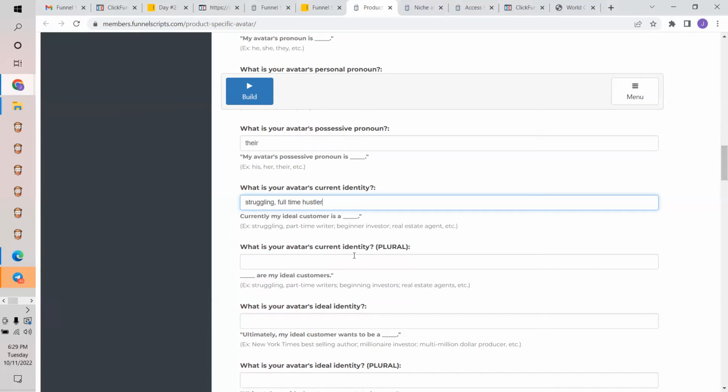That's a struggling full-time hustler. What is your avatar's current identity? And in the plural, that would be struggling full-time hustlers.